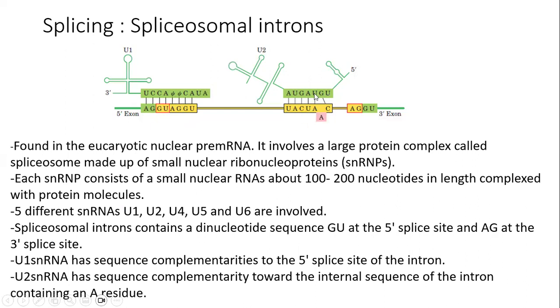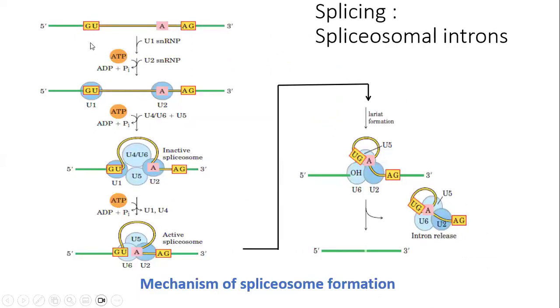As you can see, all the bases are properly base pairing except the adenine. As a result, the adenine residue protrudes outside, and it is able to make the nucleophilic attack. So let us look at the mechanism.